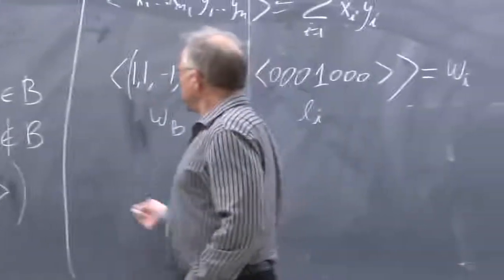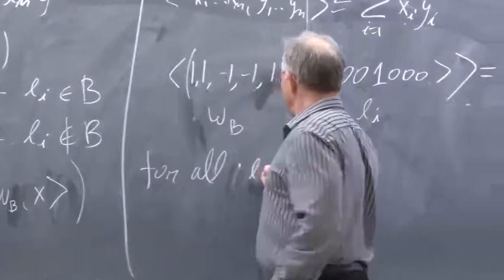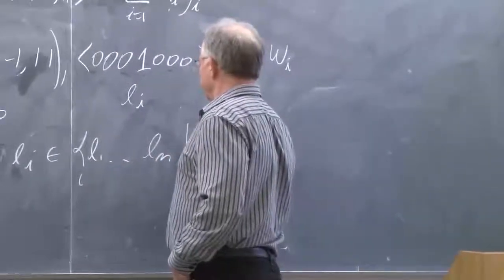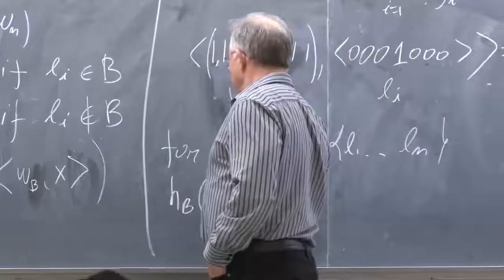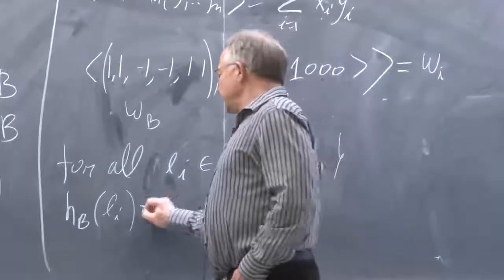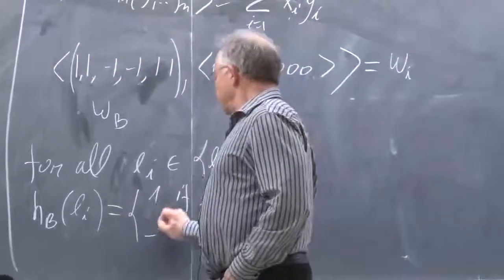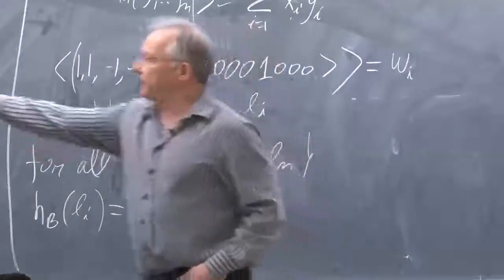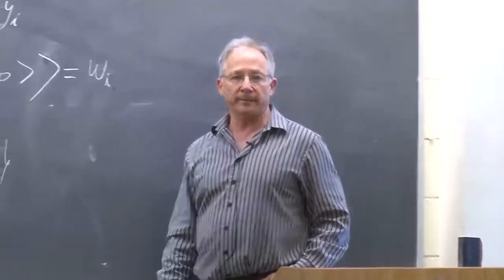Right? So we conclude that for all Ei in E1 to En, the vector HB applied to Ei gives 1 if Ei is in B, and minus 1 if Ei is not in B, because that's exactly how I defined the weights, and the result of the dot product will be just the weights.